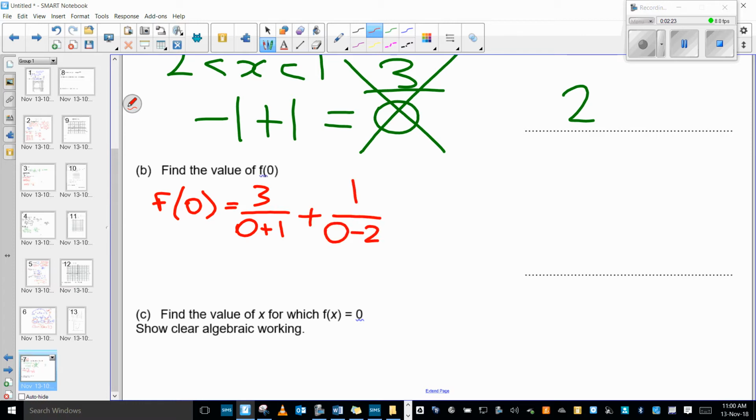So that equals 3 over 1, plus 1 over -2. And then when you put that into the calculator, it equals 5 over 2, which is 2.5. Lovely. Thank you.